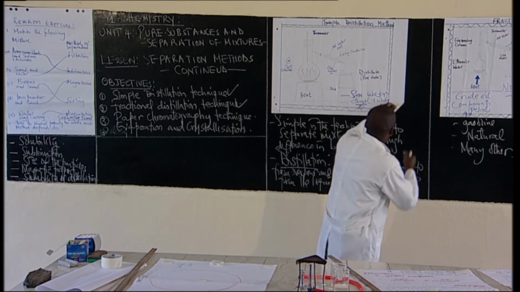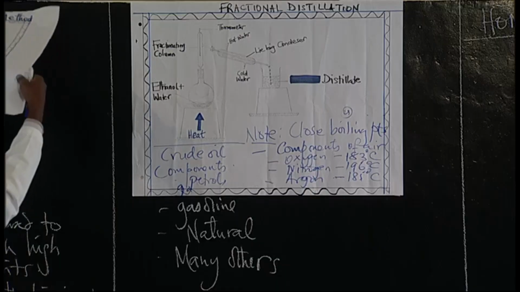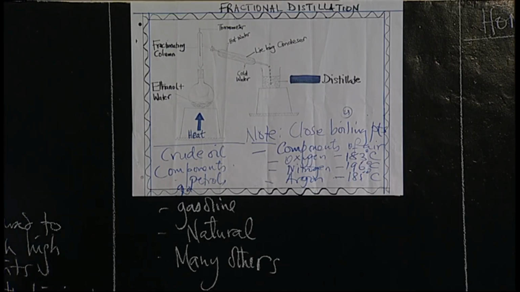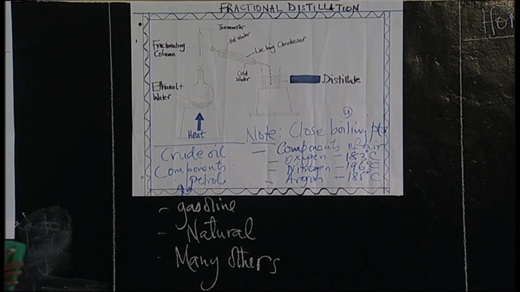You'll allow me to remove this one, and then look at paper chromatography in the next step, which will be another method that can be used to separate components. I hope you were taking note, and therefore you have it in your notes.